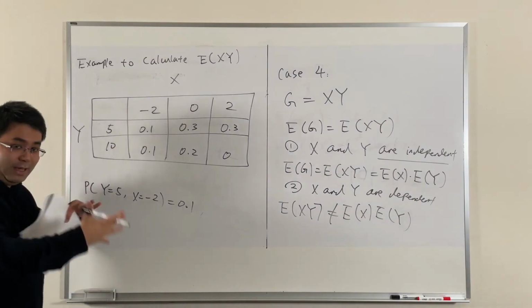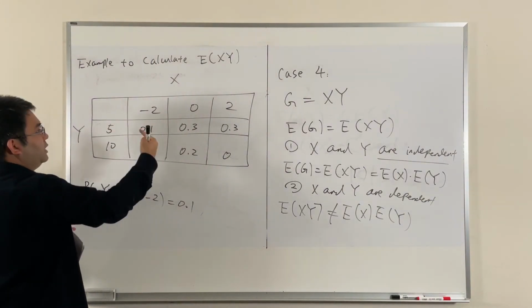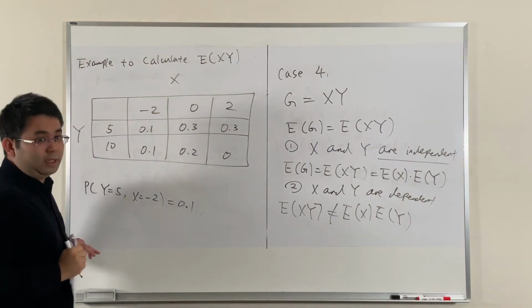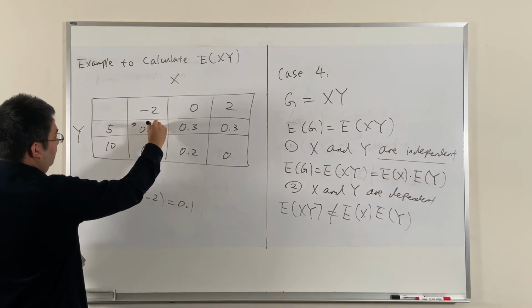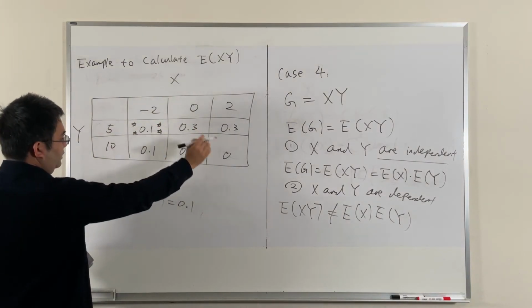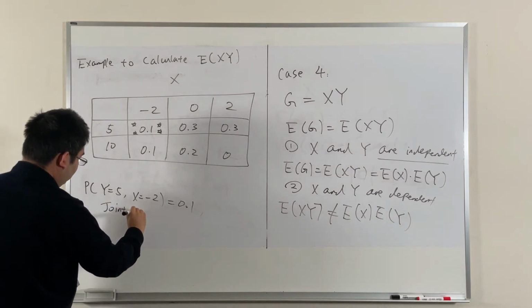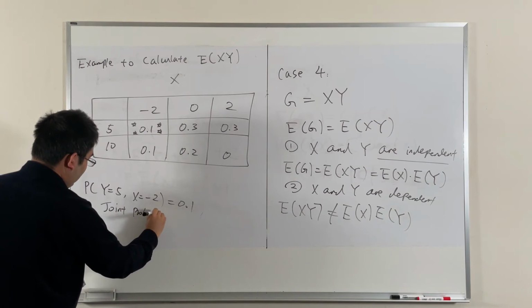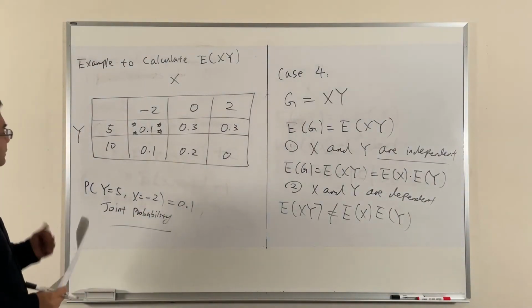So there is a 10% probability that y equals 5 at the same time x equals -2. So this here, and any cell, 0.1, 0.2, 0.3, 0.3, 0, is what we call a joint probability. Okay, good.